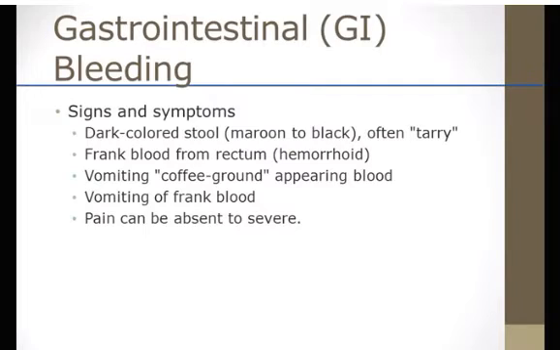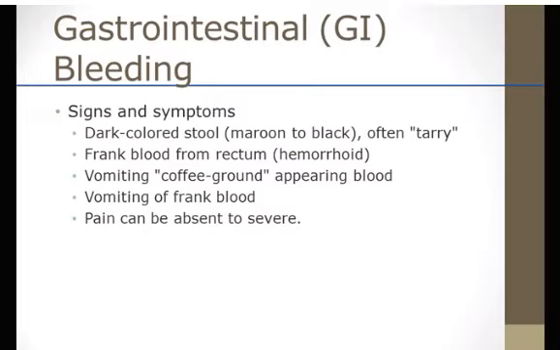The coffee ground emesis we talked about, being blood in the stomach. And if they're vomiting that frank blood or that bright red blood, then we're looking at probably a tear in the esophagus. And that can be really interesting, and it can be very messy because our airway is compromised when we start vomiting blood.